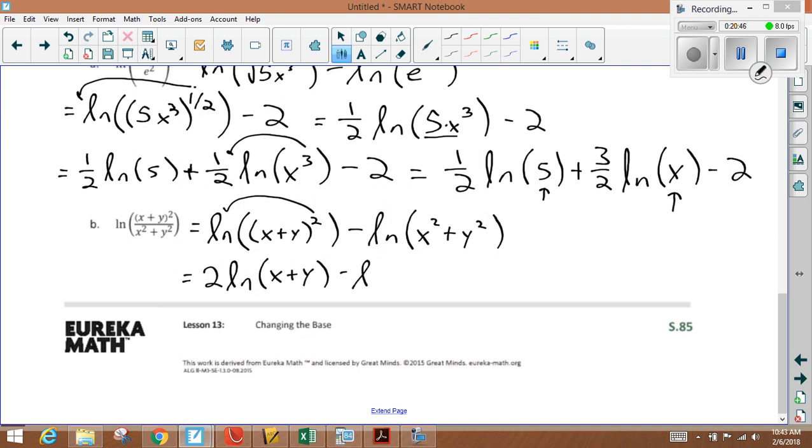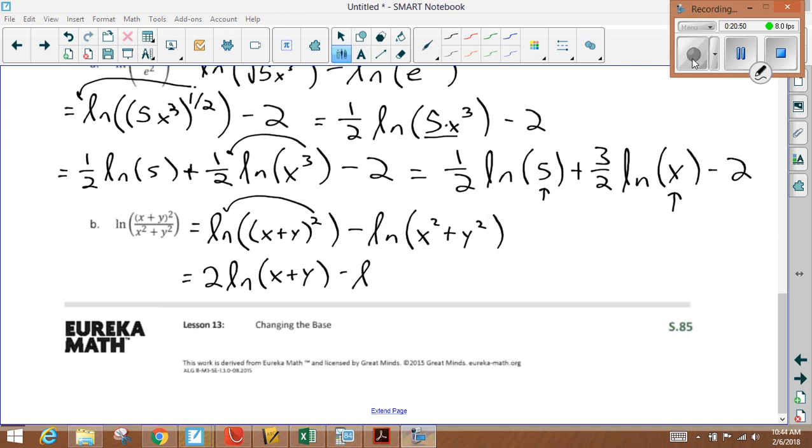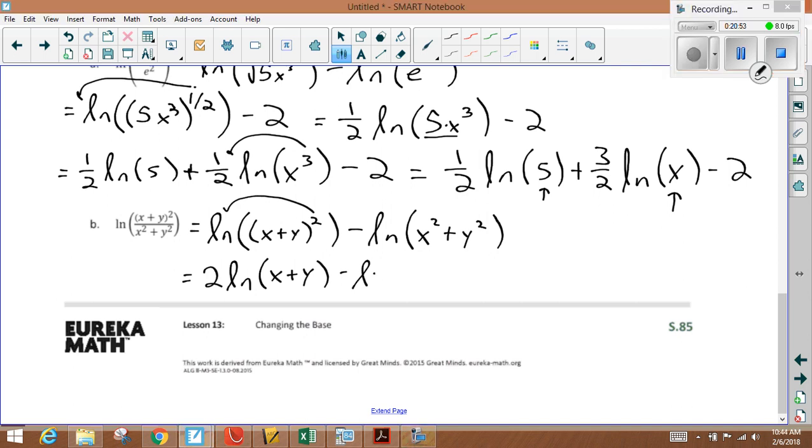You only have a rule for multiplication. So then this is just going to say natural log of x squared plus y squared. That one was easier than the previous one. It just looked more complicated, right?